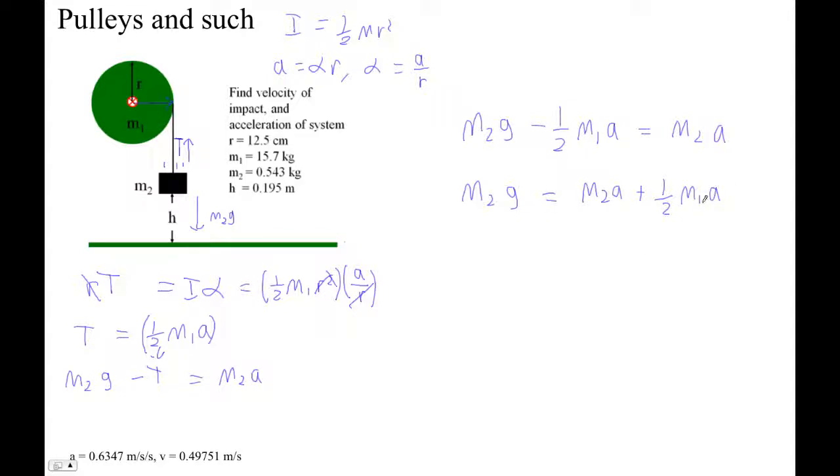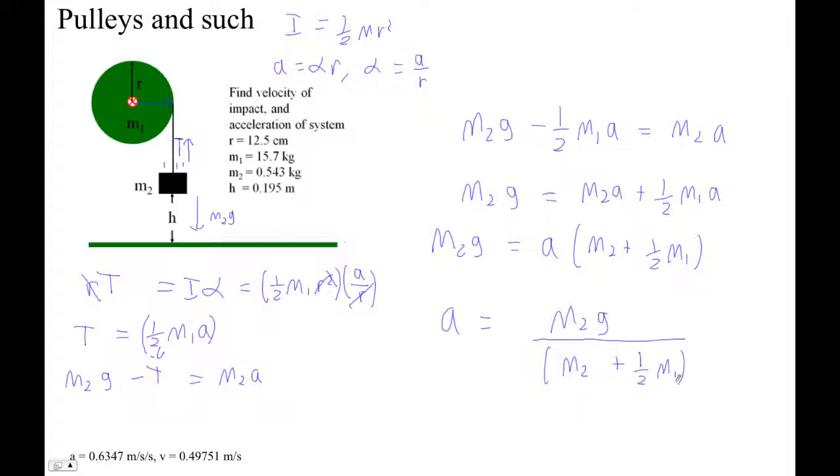Now we can solve this. m2 g equals a times (m2 plus 1/2 m1), and a is going to equal m2 g, the sole protagonist, divided by all the inertia: all of m2 and half of m1, which intuitively makes sense, the net force divided by the inertia.